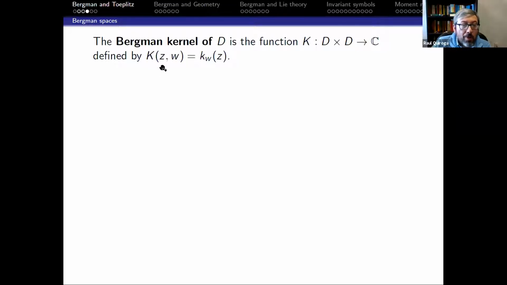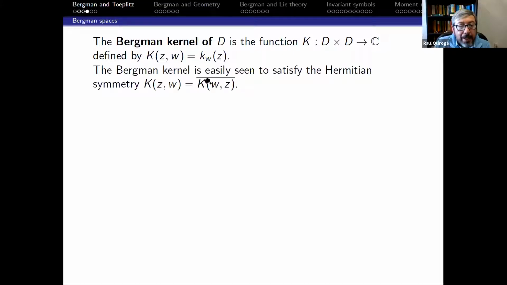It is holomorphic on this variable because of the choice of this function. And there is some Hermitian symmetry satisfied by this Bergman kernel. If you interchange the two arguments, then you get a conjugation. So this Bergman kernel is anti-holomorphic on the other entry.